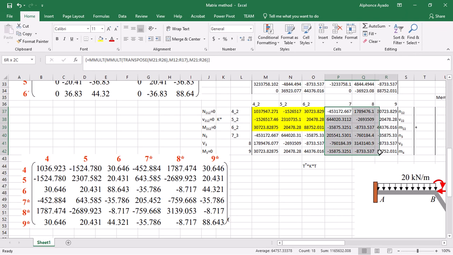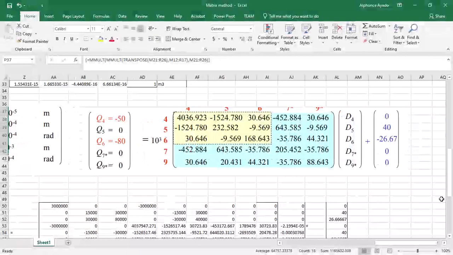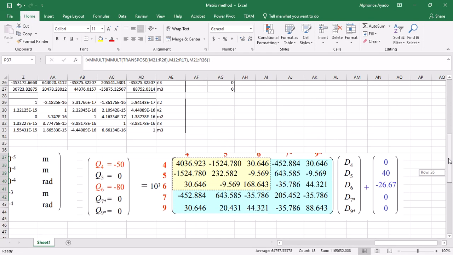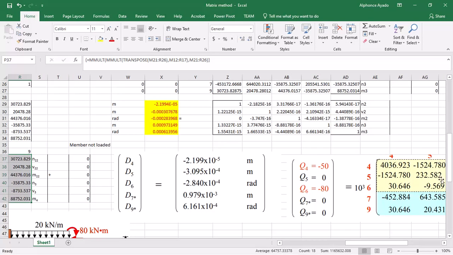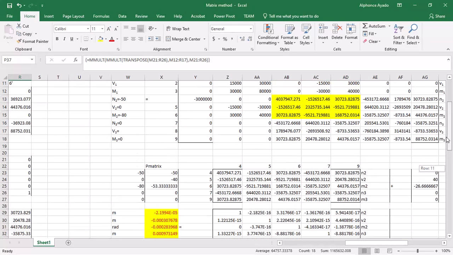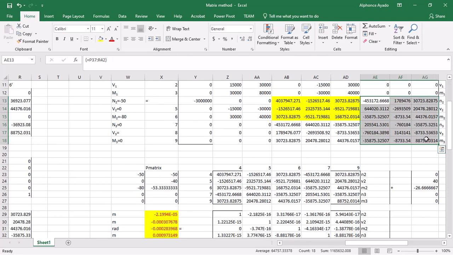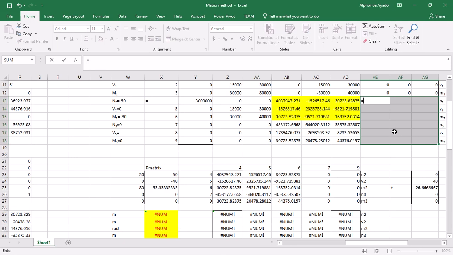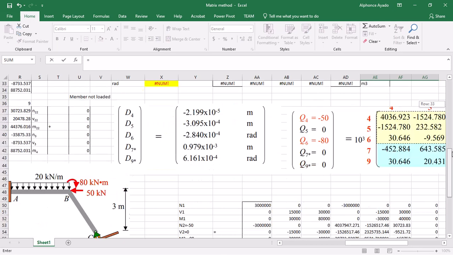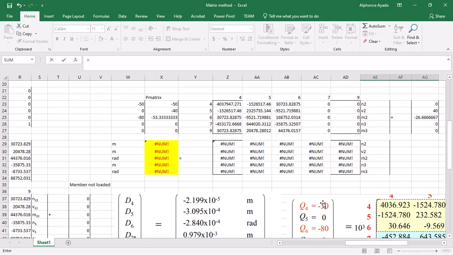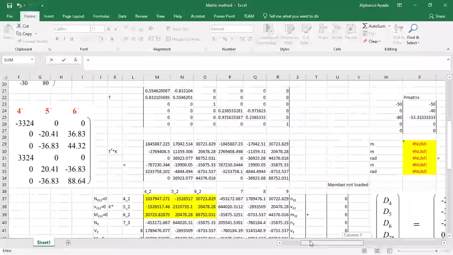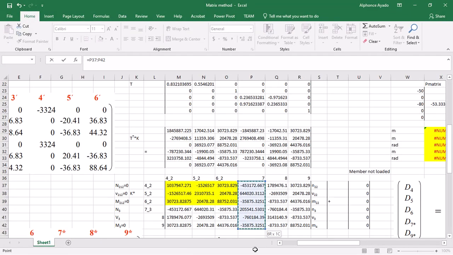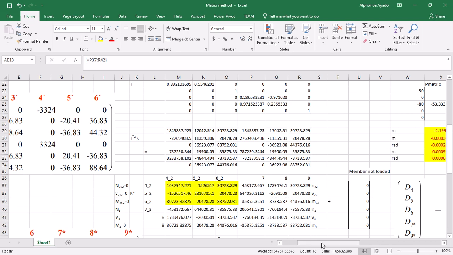So just to demonstrate how to make the global stiffness matrix, equals this. Control Shift and Enter together.